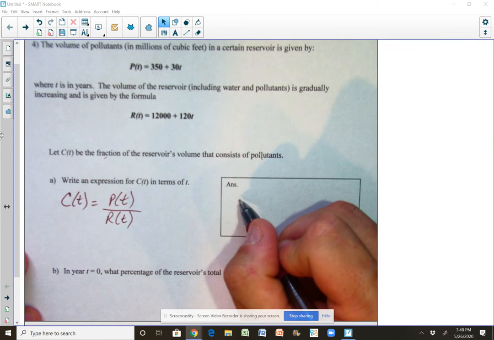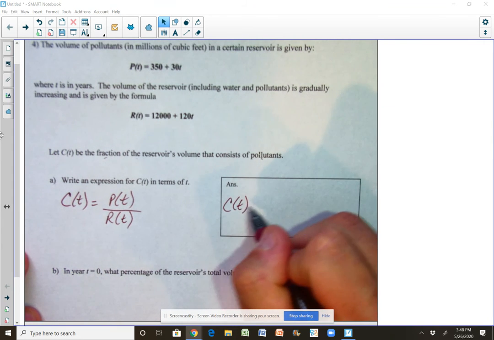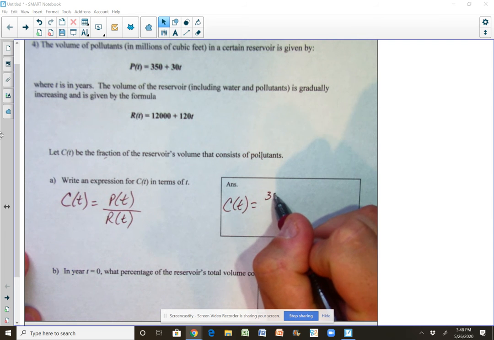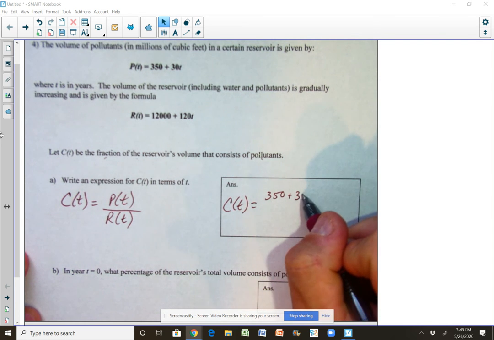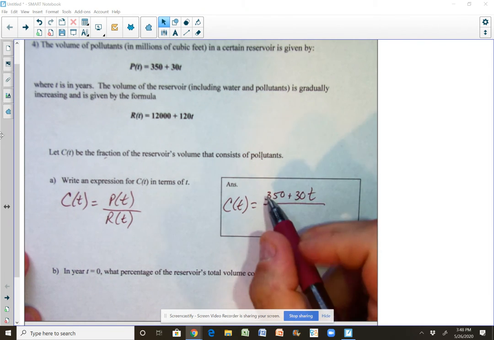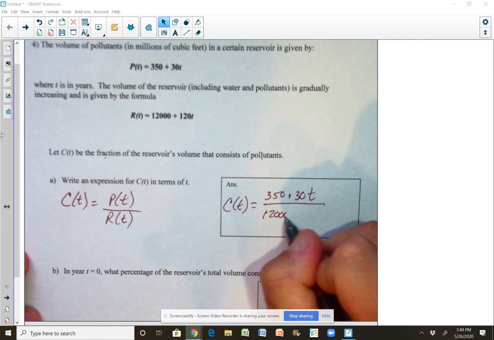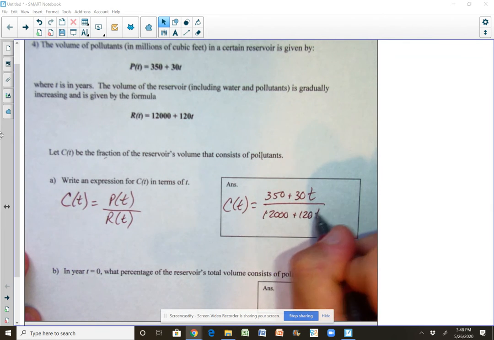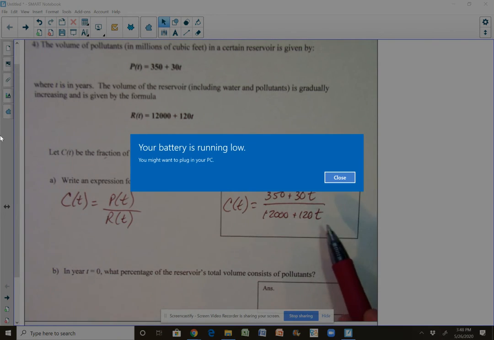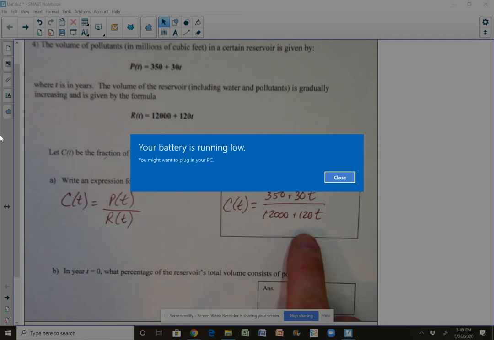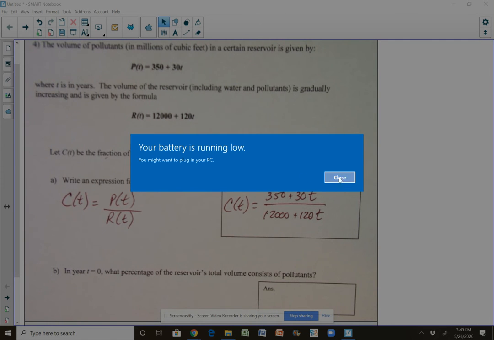Or in other words, C of t would equal 350 plus 30t over 12,000 plus 120t. Now, just be careful because in this case, don't forget that the leading terms are actually in the back end of this.